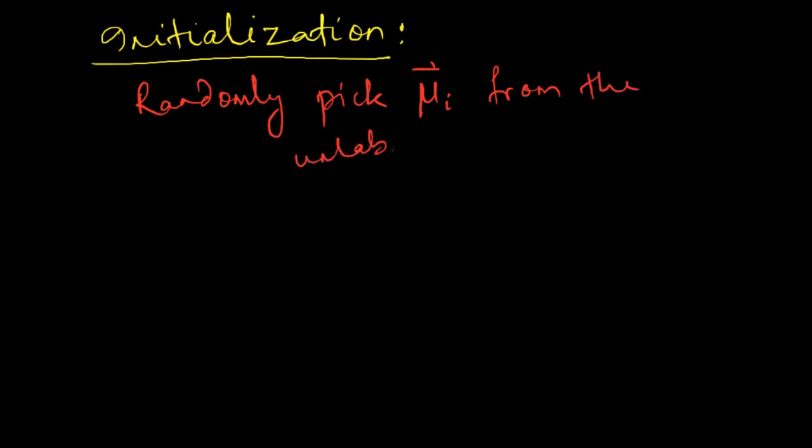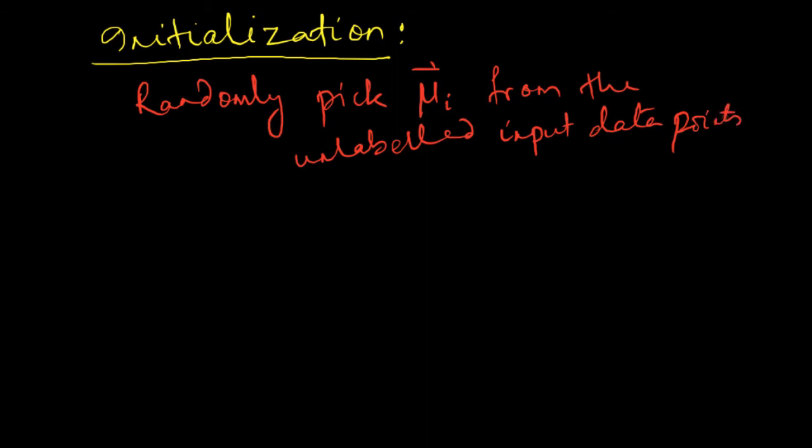So for the mu I, you begin by randomly picking the mu I. I am sometimes omitting this vector notation, which I hope you remember what it means, that mu I is a vector. So randomly pick mu I from the unlabeled input data points.